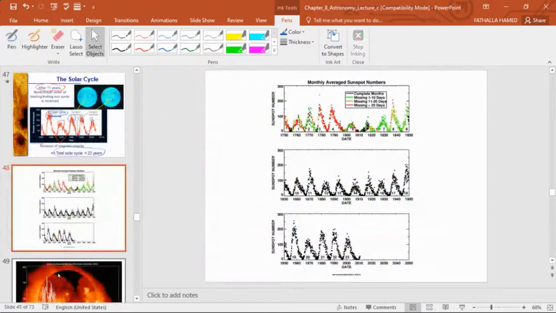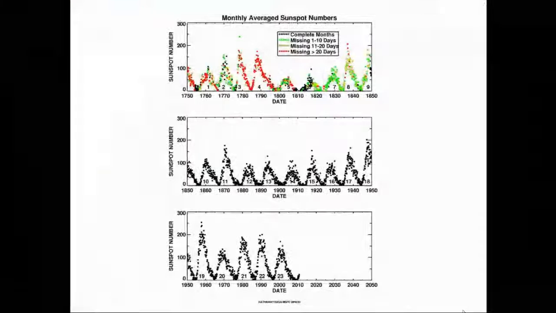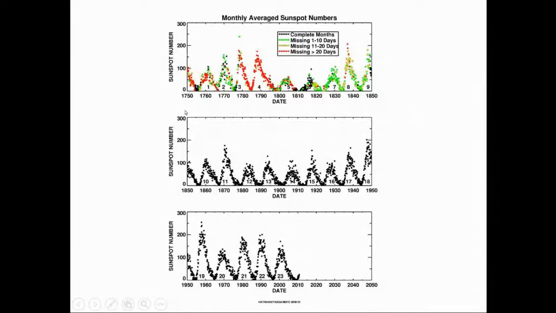Now, sunspots, basically the data that was collected, it can go as far back as 1750. And you can look at the data as it's going through a maximum and a minimum. So it will basically go through that every 11 years.